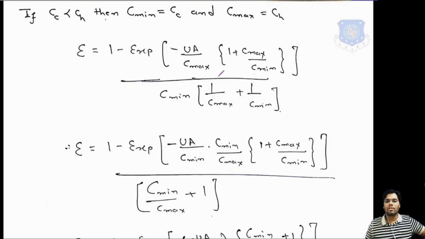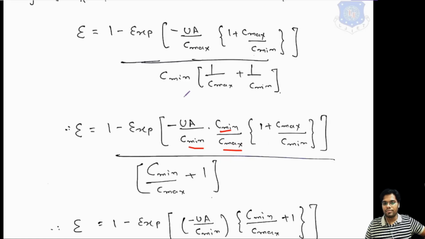Okay, now if we write UA upon C minimum, then we also have to multiply by C minimum, and this C maximum is as it is, in bracket 1 plus C maximum by C minimum as it is. If we multiply this C minimum into the bracket, we will get 1 plus C minimum by C maximum, the same as previous.